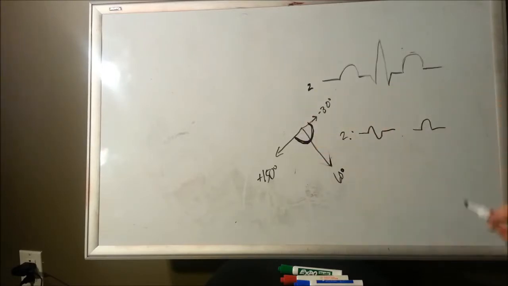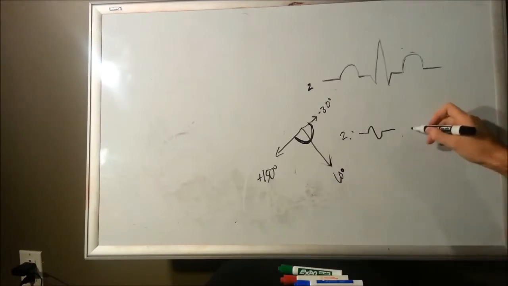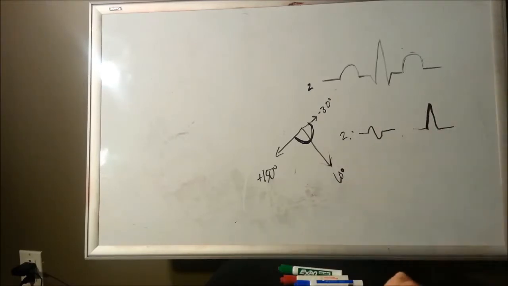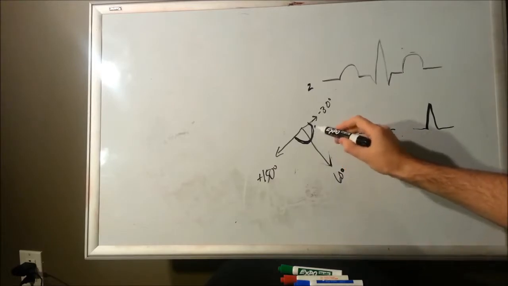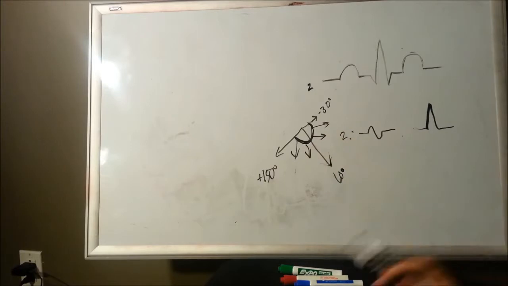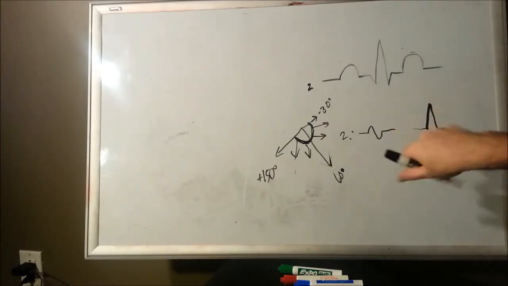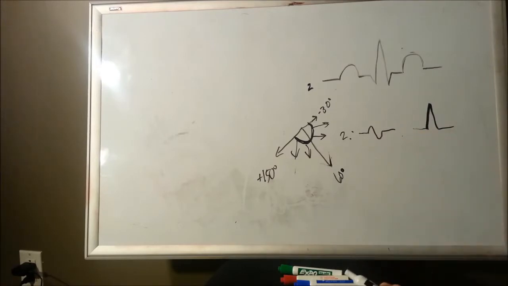So if you're just given a random QRS complex like that, you can't really tell. You'd have to compare the amplitude to another lead, but for the most part, lead 2 will tell you if it's in at least the same plane.